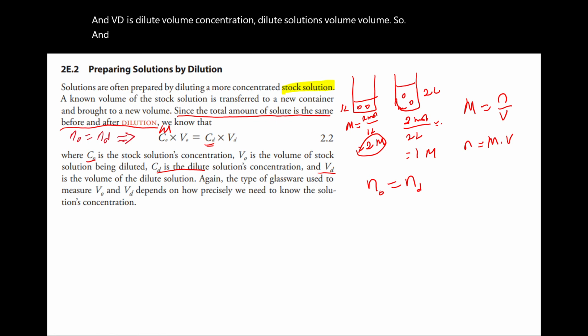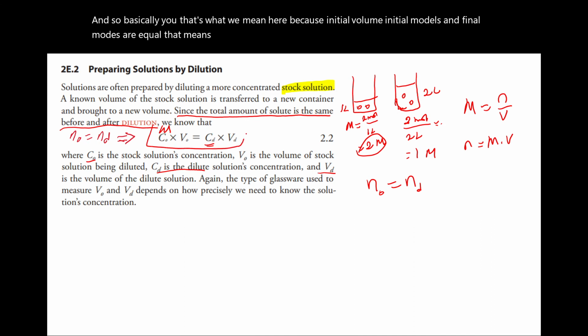So basically that's what we mean here, because initial moles and final moles are equal. That means we can come up with this equation here. Initial concentration times initial volume equals final concentration times final volume.